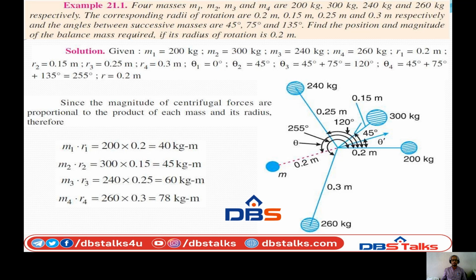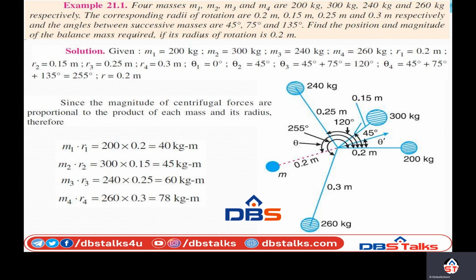Then take up the position of the second mass at a 45 degree angle with the radius of rotation of 0.15 meter, that means 1.5 centimeters is enough. We have taken the scale as 0.2 meter as 2 centimeters, so we have to proportionate the same for all the values also.